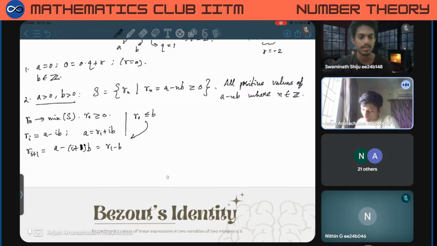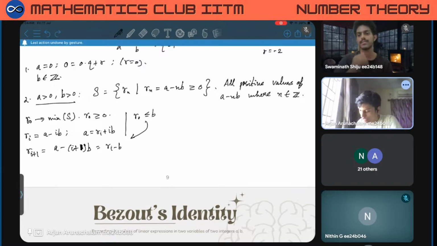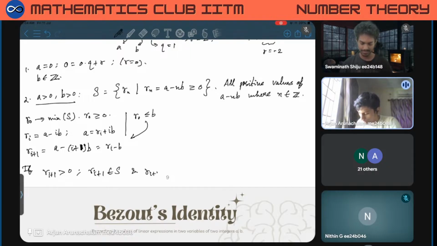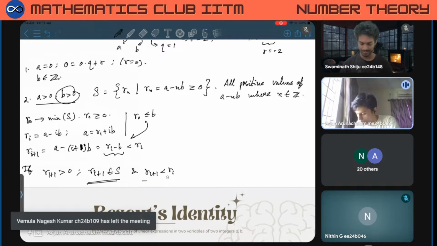Now note that Ri plus 1 is Ri minus b, and we'll basically prove it by contradiction. If Ri plus 1 is greater than 0, then Ri plus 1 belongs to S. And Ri plus 1 is less than Ri, because you're clearly subtracting b and it is positive. So if Ri plus 1 is positive, then Ri plus 1 belongs to the set and is less than Ri.